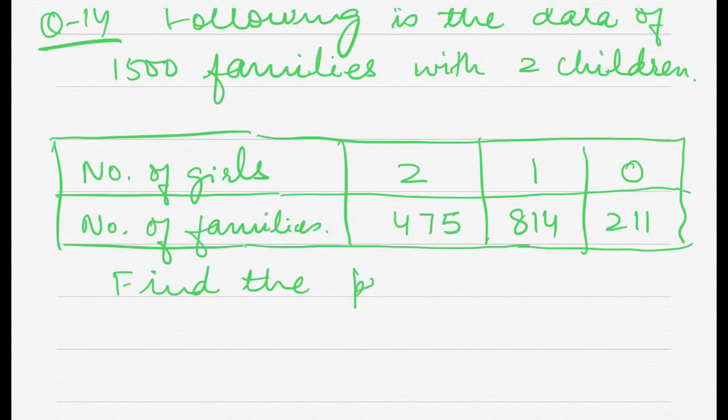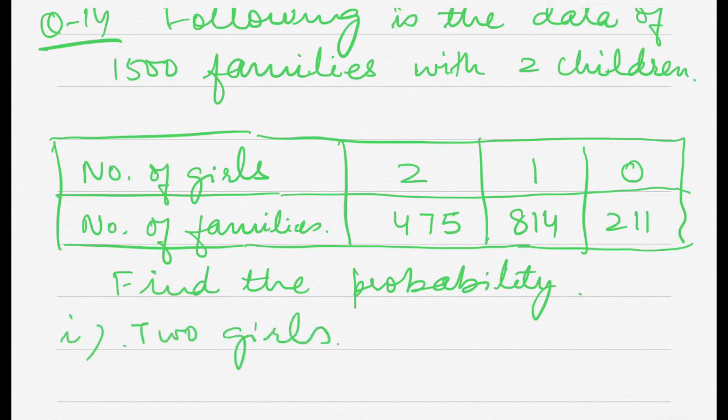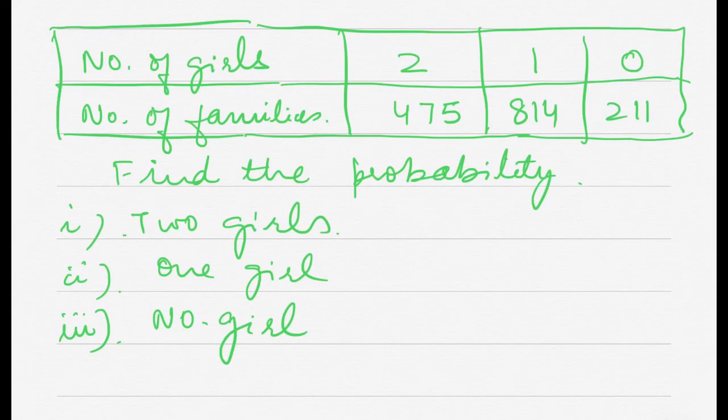Now my question is, you have to find the probability of, so there are 3 parts, 2 girls. Second part, 1 girl. Third part, no girl. These are the probabilities you have to find out.